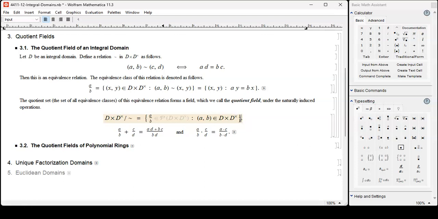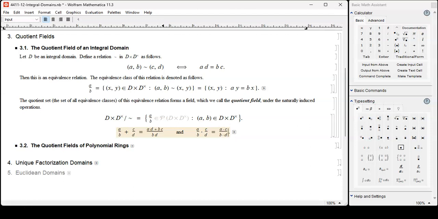And then we can induce the algebraic operations from that of D through this. An arbitrary element in this quotient set is a fraction. A over B plus C over D is AD plus BC over BD, like this. You know, the usual addition, just as we do in the set of rational numbers. And A over B times C over D is AC over BD.